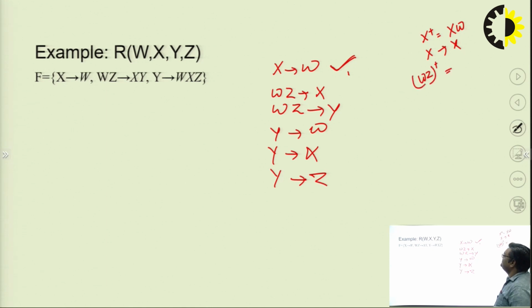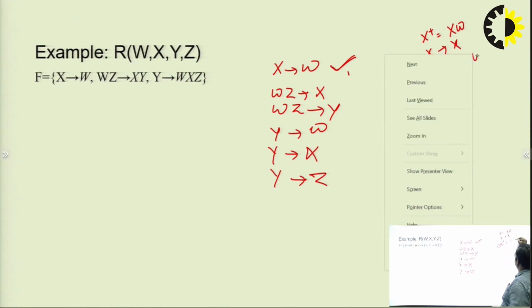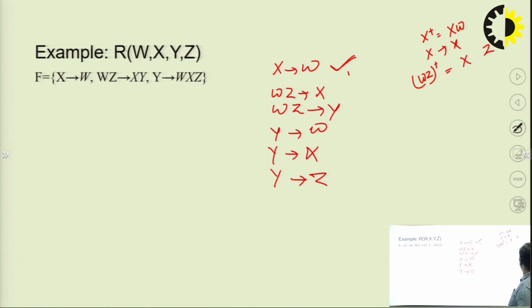It is X W Z, and from WZ we can get Y also, so X Y W Z. If we hide this dependency and get the closure of WZ, we get W Z Y, and from Y we can get X. So it can be removed, and we permanently remove it.